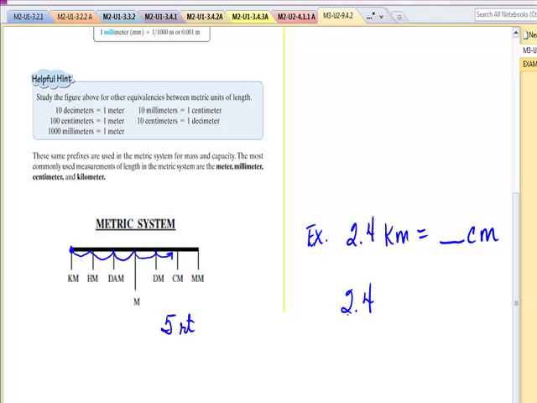I'll be multiplying by 10 to the 5th. So it's going to go 1, 2, 3, 4, 5, drop the decimal point, add in the zeros, and so this is 240,000 centimeters. The 2 and the 4 stayed in there, but the power of 10 was different. That's what we're going to do.